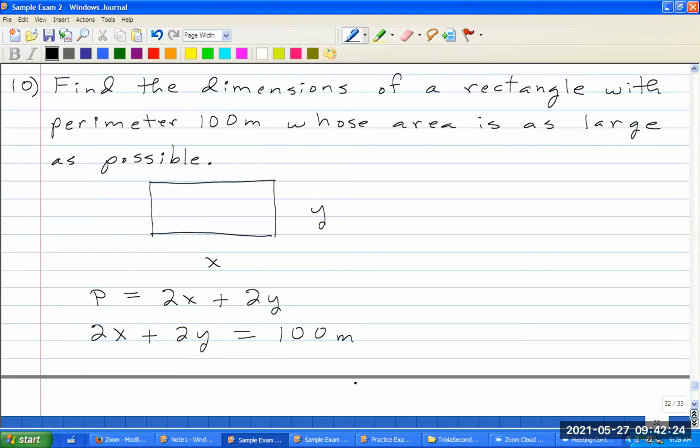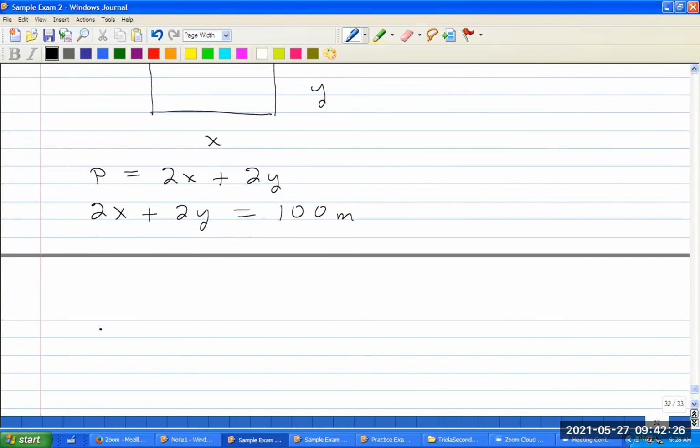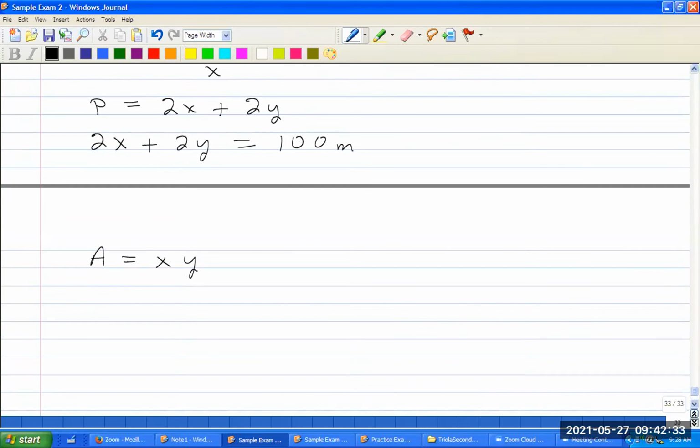So let's call the sides x and y. The area of a rectangle is length times width, x times y.